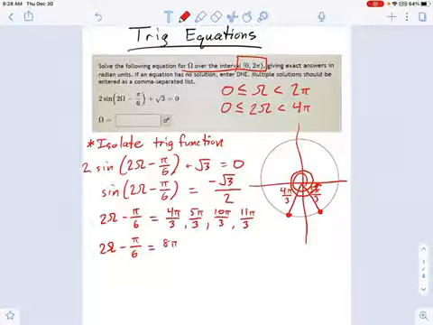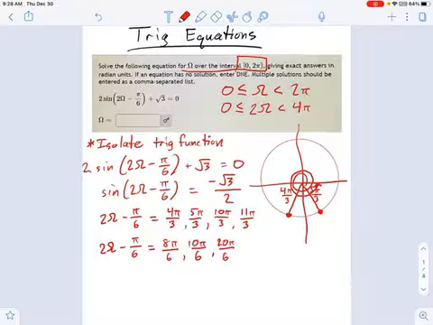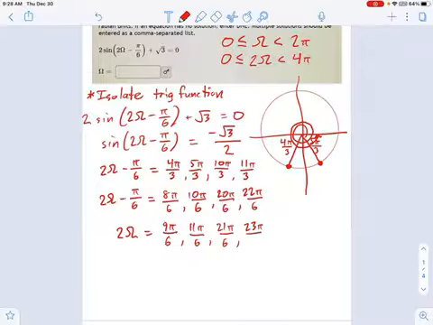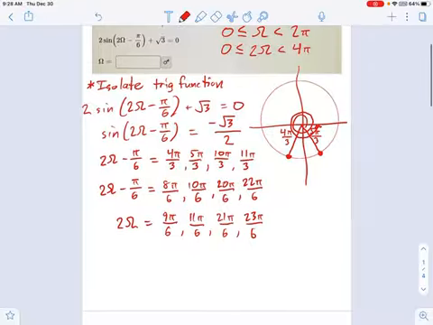I'd rather talk about these as sixths instead of thirds, because that will be a common denominator and make the math easier. 2 pi over 6. Great. Now I've got everything with a denominator of 6. I add pi over 6 to each side. So now we get 2 omega equals 9 pi over 6, 11 pi over 6, 21 pi over 6, and 23 pi over 6. And now we divide each side by 2 to get, drum roll, just omega.